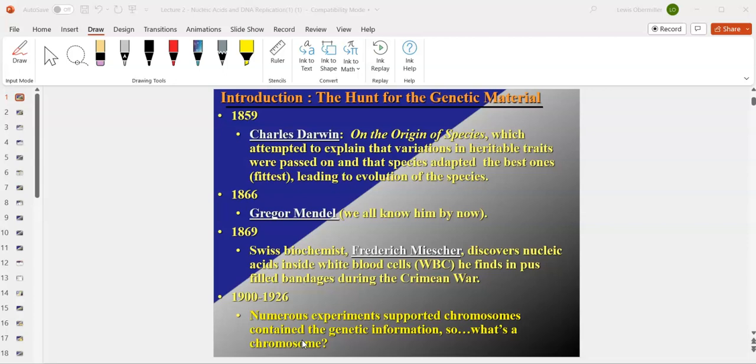Scientists have been interested in the genetic material for a long time. Some of the evidence for this came from Darwin when he wrote On the Origin of Species, which was an attempt to explain how heritable traits can lead to variations in a population, like his finches with different beaks.